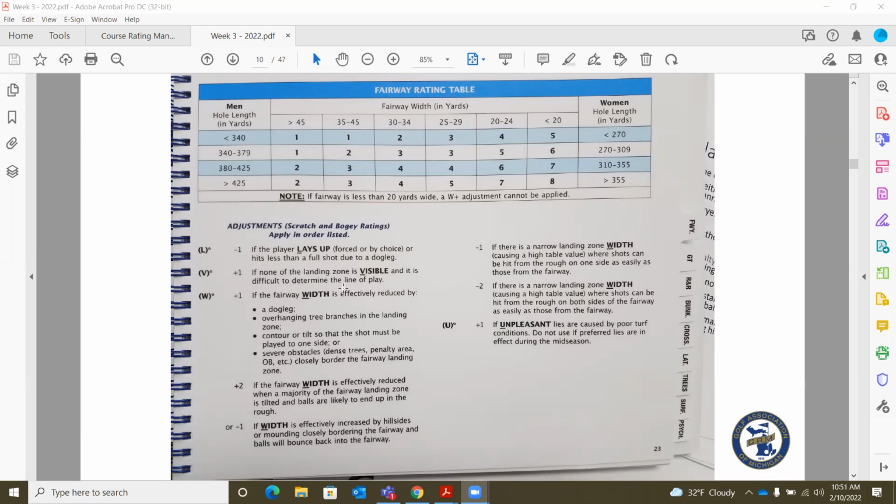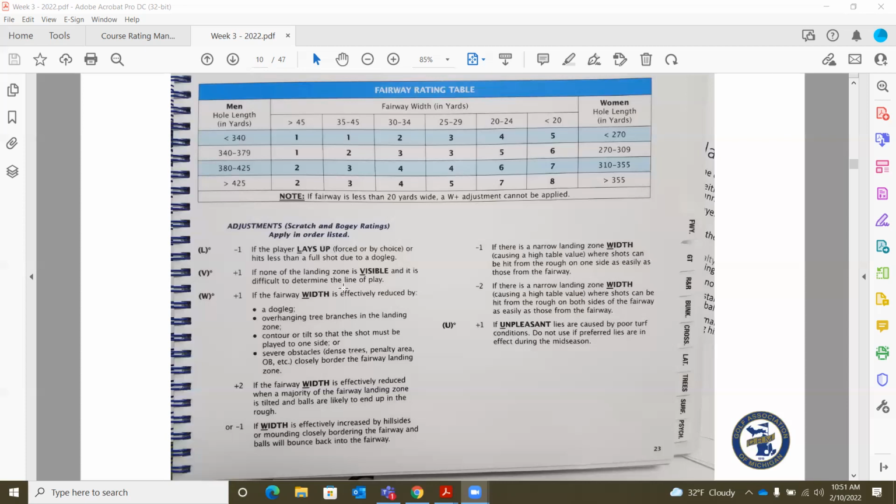This was one that, for those experienced folks that I read, was interesting. I didn't really think about it, but basically what it's saying here is that if you have a lateral measurement that's less than 10 yards because of that closely bordering definition, then you automatically have a W plus here, which I'm sure I had and didn't do in the past.